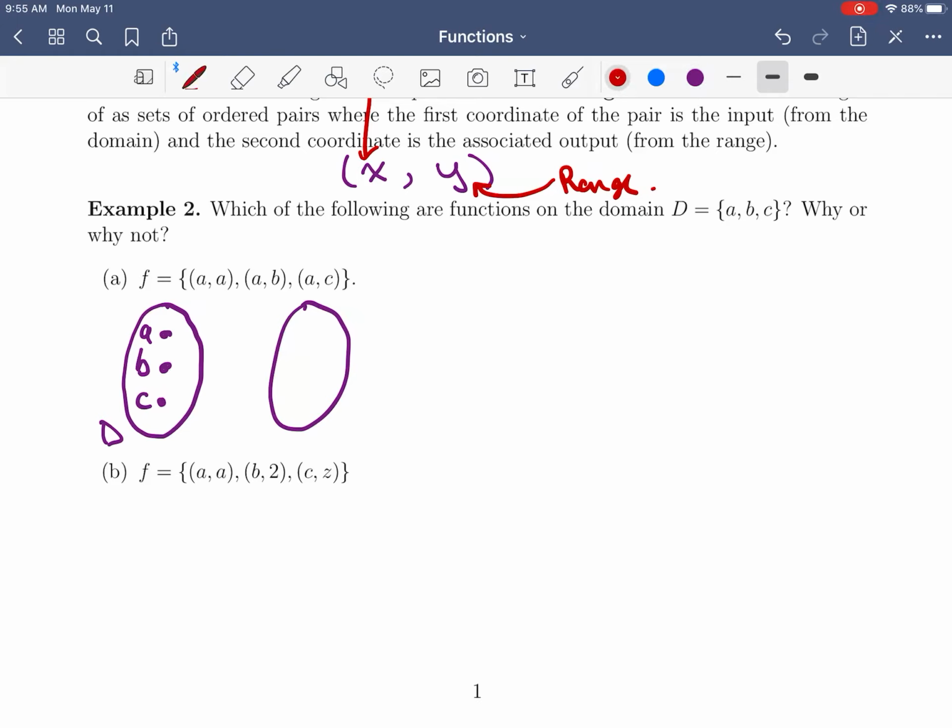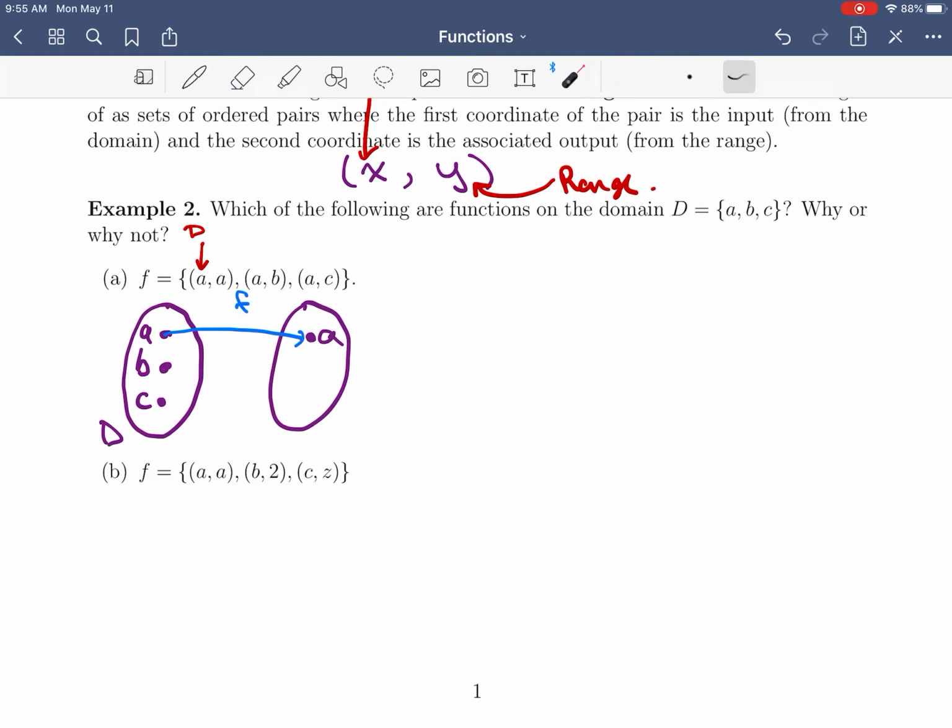Remember that the first coordinate is from the domain, and the second coordinate is from another set. This first ordered pair says that A goes to an element over here that's also called A. This is what f is doing.